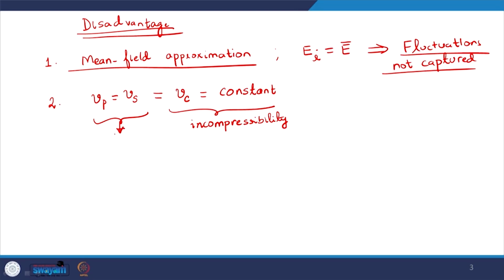So, we are basically disregarding the molecular structure of solute and solvent. Therefore, the model is quite general. We are not differentiating between, say, an ethanol molecule and a water molecule. Clearly, ethanol will be expected to be much larger in volume than water.